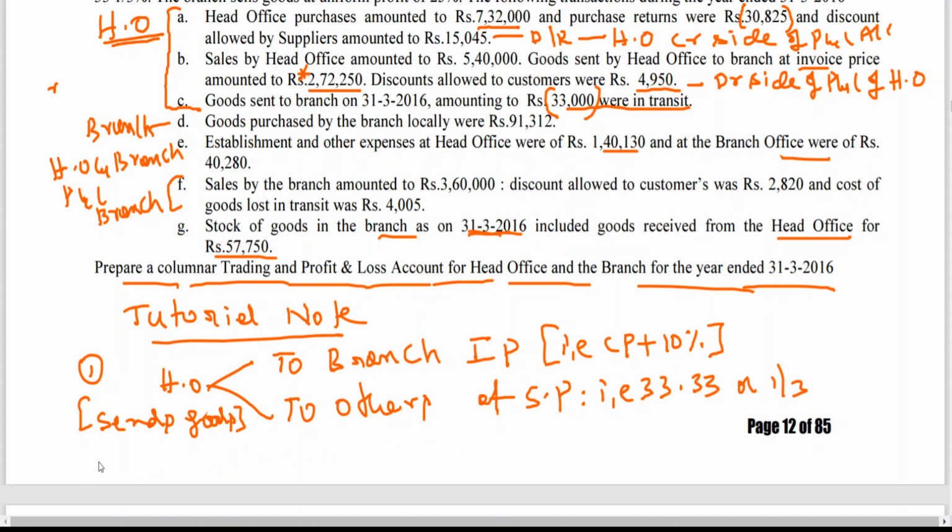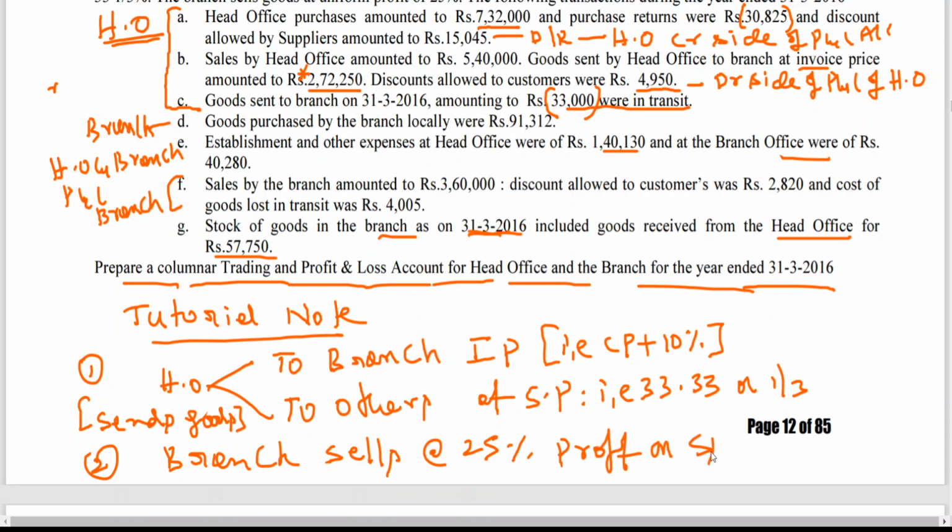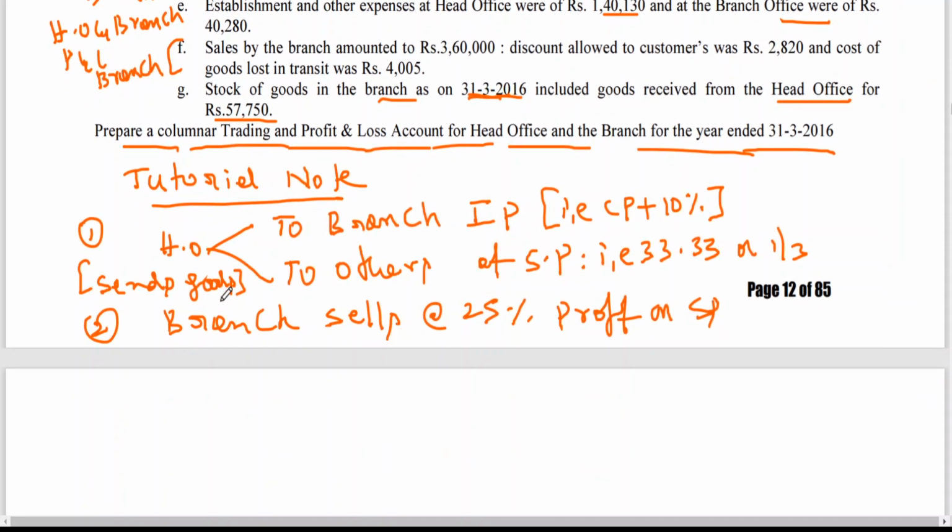Next, point number 2. Branch sells at 25% profit on SP. Whatever I have explained so far in simple words, I am writing. This is for you to understand.